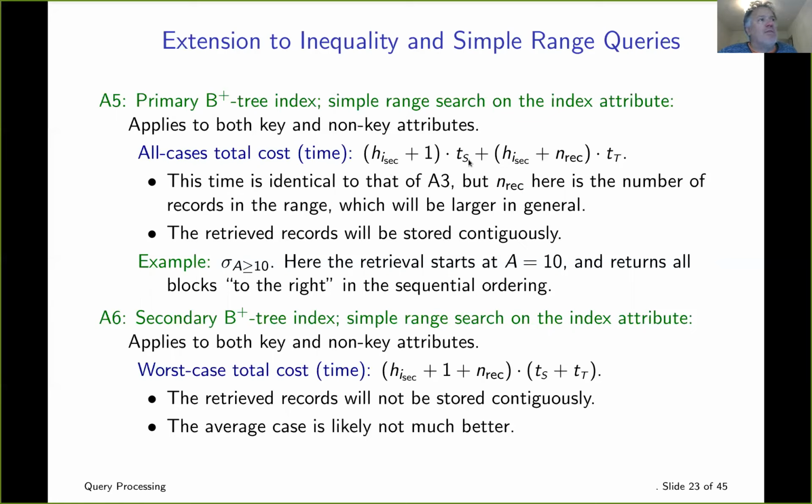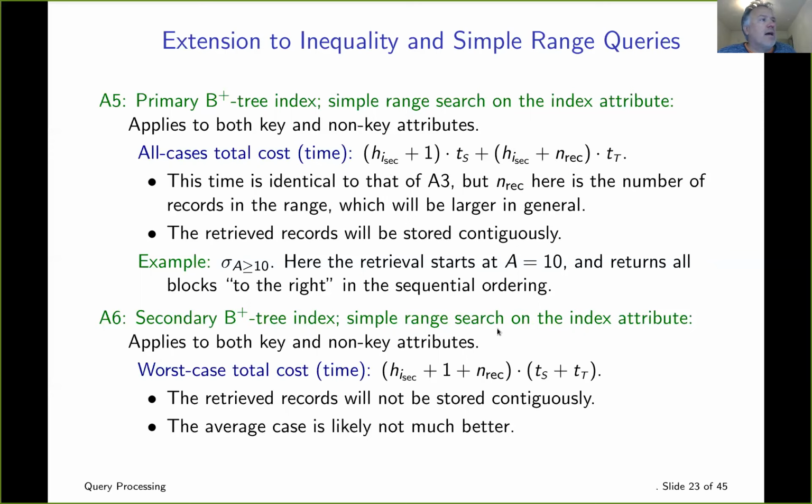Basically, you're going to have to do a seek just to get the first one, and then from then on, for the number of records, you're just going to do data transfer. And this is the best case, if everything is stored contiguously. All right, so that would be nice.